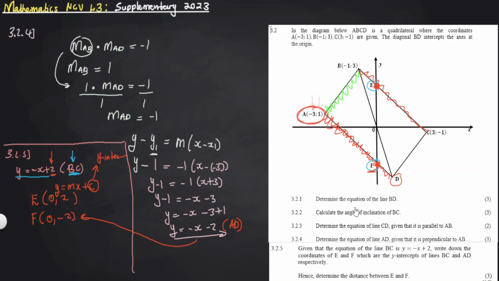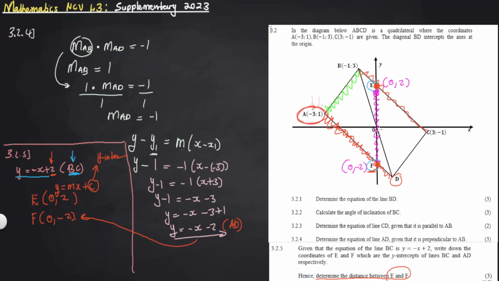But the question doesn't end here. It also says to determine the distance between E and F. The distance is the length from E all the way to F. We worked out that F is 0 and minus 2, and E is 0 and 2.